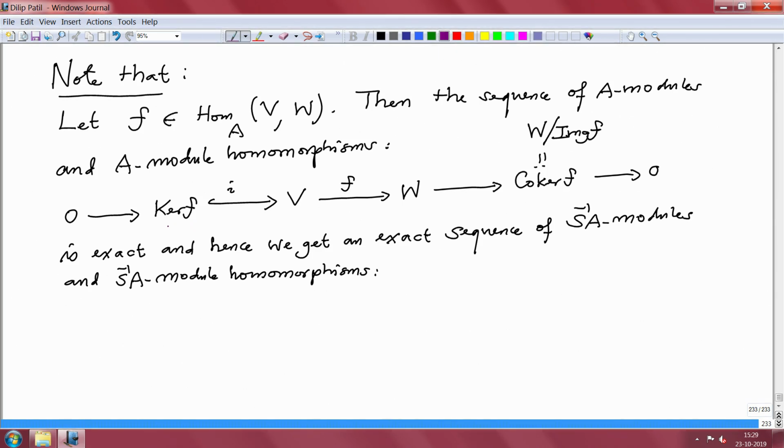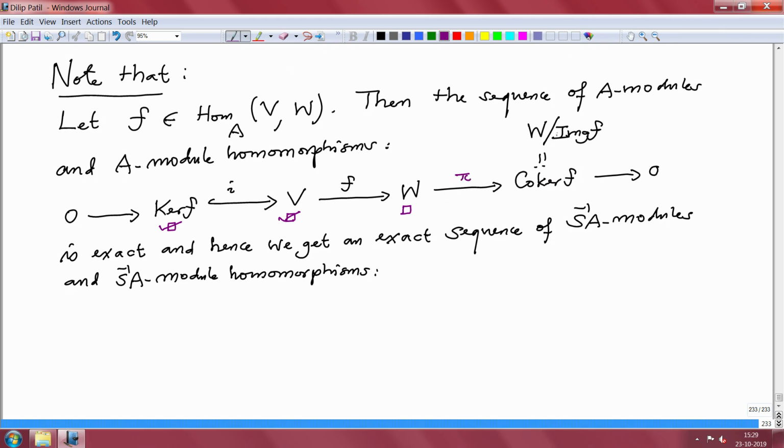Exactness here is clear. We have to check here, but this is clear because it means this map is injective. This map is injective because this is a natural inclusion. Here we have to check, so what do we have to check here? We have to check that the kernel here equals the image here, but this map is a natural inclusion map. So, the image is kernel F and the kernel F has also kernel F. So, this is also clear. Exactness here: we have to check that this is the usual residue map pi.